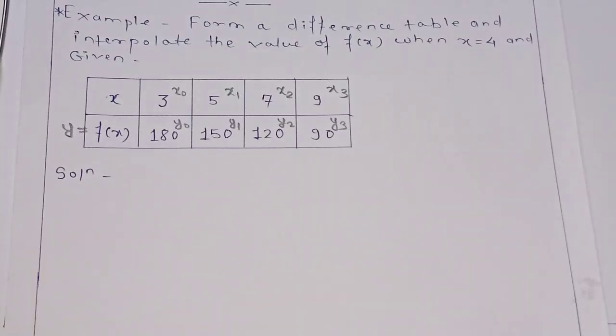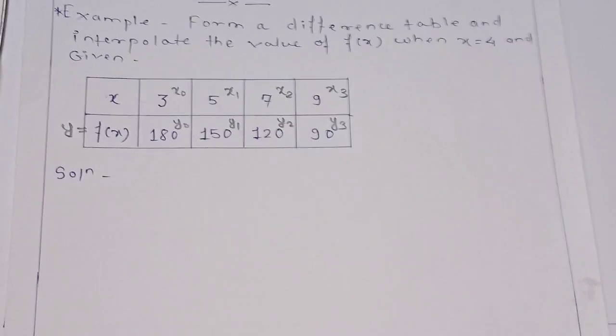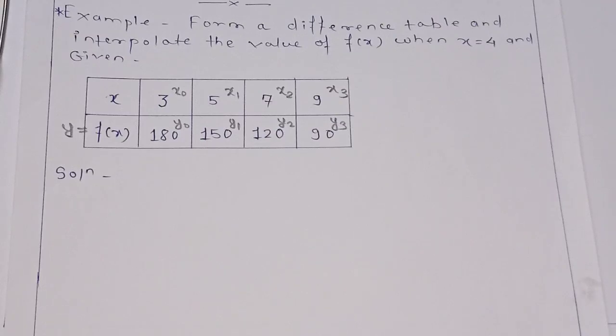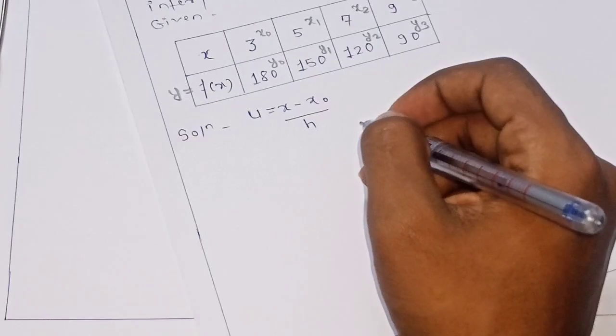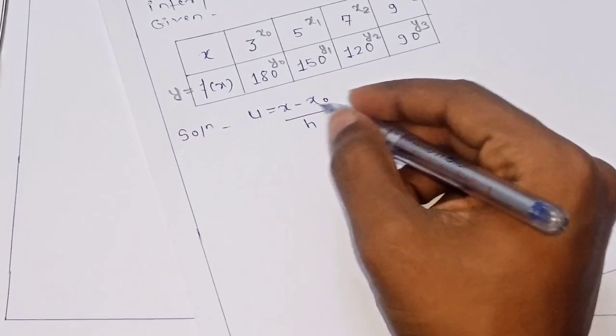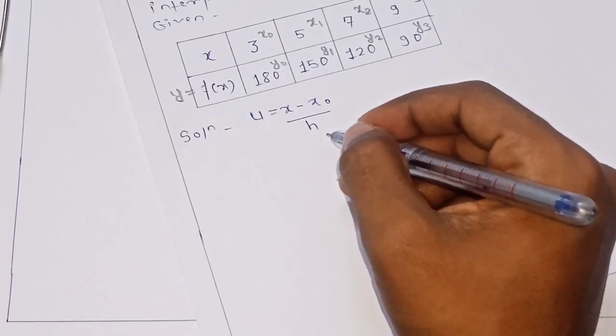And if the value to be interpolated lies in the backward of the x values, meaning the downward position, then we use Newton backward interpolation. In the Newton forward difference formula, we are going to use the term u, which is given by u equal to x minus x0 divided by h.